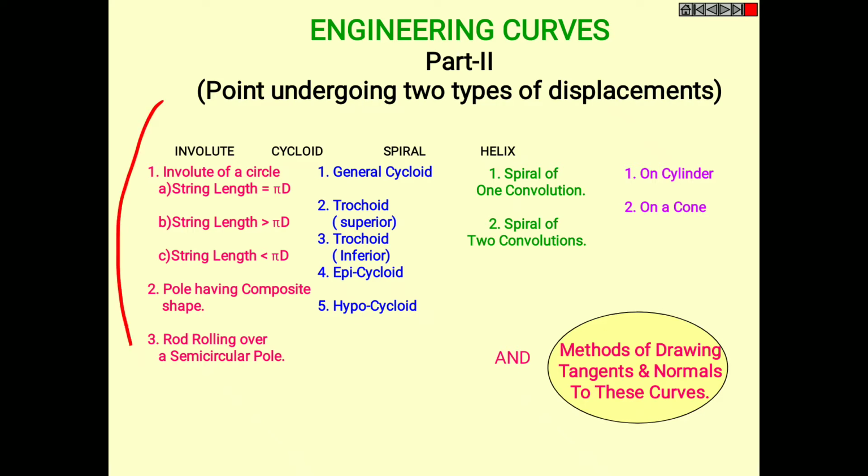So, these are some common methods involved in making an involute. Just note down the different methods to draw an involute, and slowly we will see them one by one.